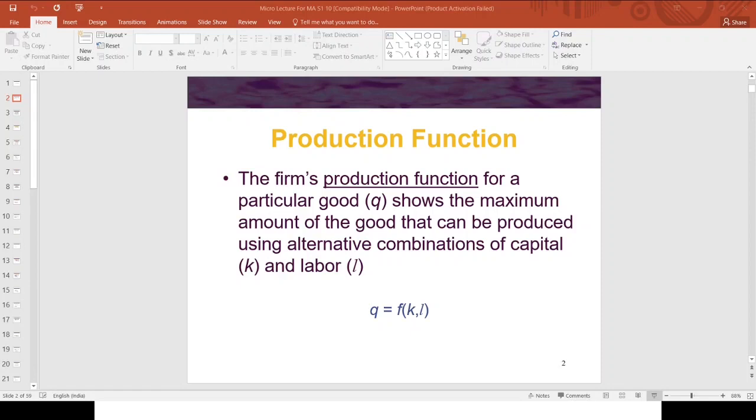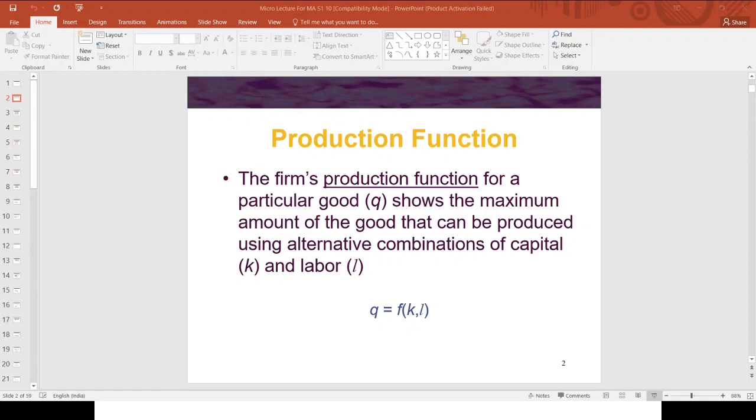Take the total differentiation of the production function, then you get dq equal to dou f by dou L times dL plus dou f by dou K times dK, which is equal to the marginal productivity of labor times dL plus the marginal productivity of capital times dK.